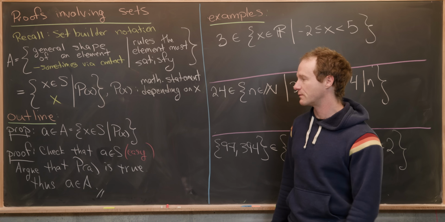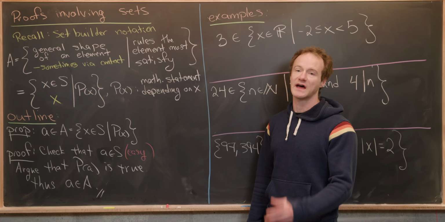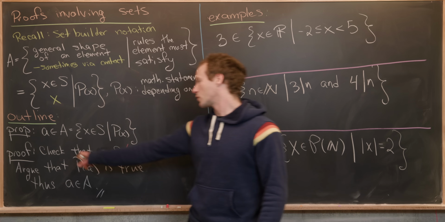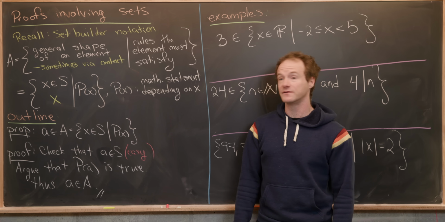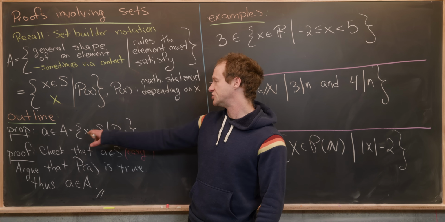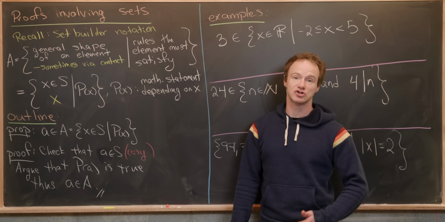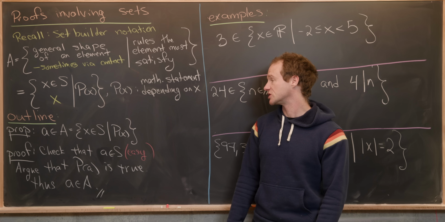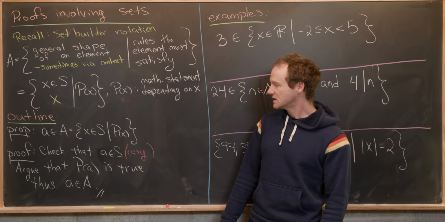To start off, I want to give you an outline for a proof that some element is inside of a set. How do we show that a is an element of capital A, where capital A is defined like this? Its general shape is that it's in some larger set S, and then it satisfies this mathematical condition P(x).